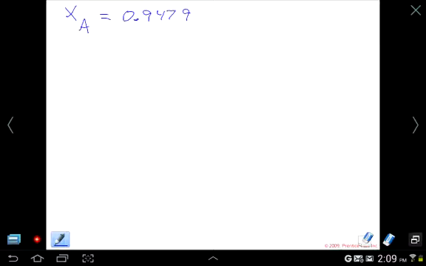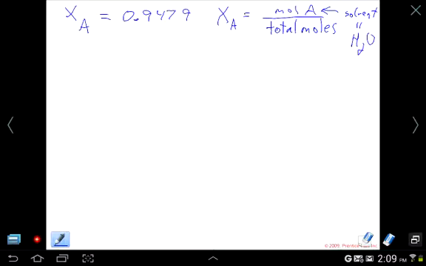Now, if you recall, mole fraction is defined as the moles of A, in this case, divided by total moles, or the moles of A and whatever other substance. Now, in this case, our A is our solvent, recall, which is in this case water. So we know how much water we have.